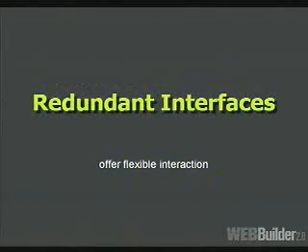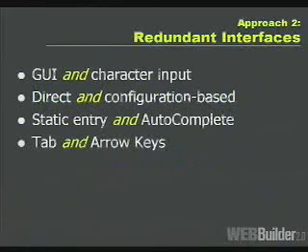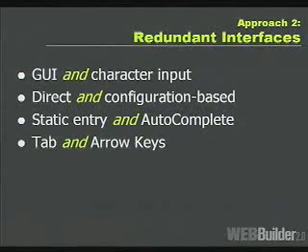So that was the first one. The second one is redundant interfaces. And what we want to do here is offer flexible interaction. We want to let people use option A or option B. For example, they can do some kind of GUI manipulation, or they can enter text or characters. They can do a drag and drop manipulation, or they can go to some configuration page to make that change.